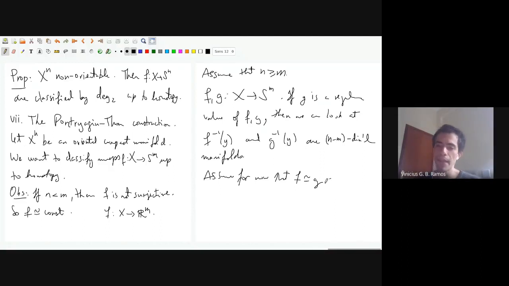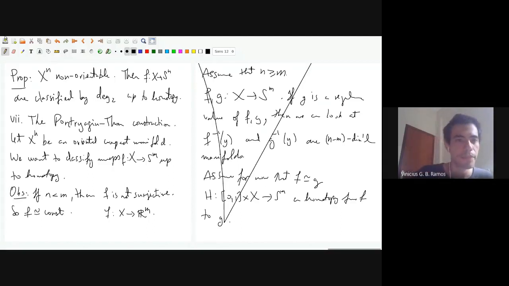So what happens is that we can call H_t a homotopy. Well, let me write H from [0,1] times X to M, a homotopy from F to G. Okay?